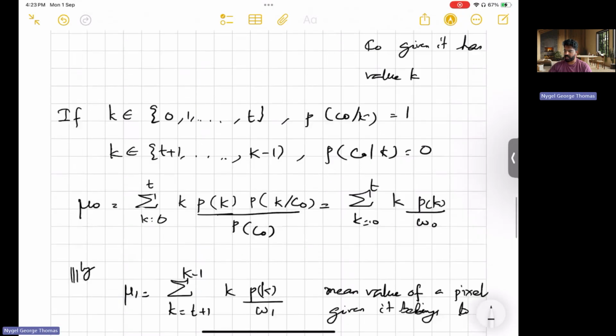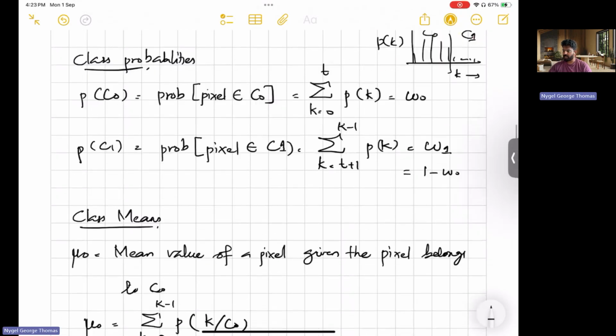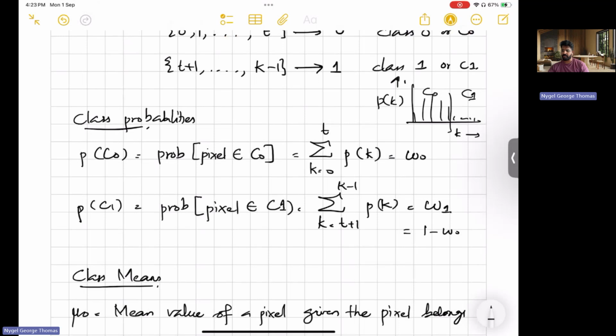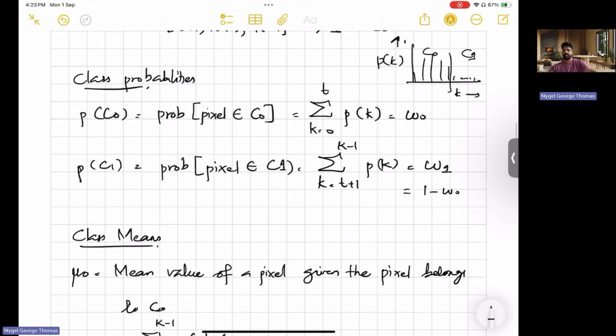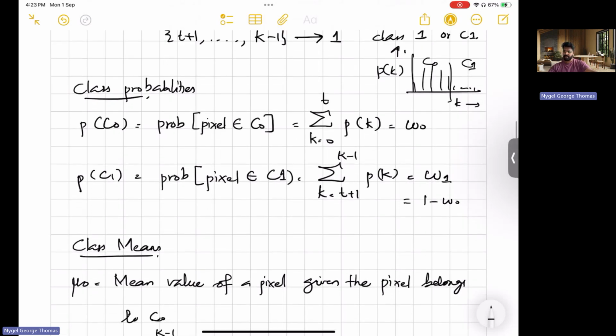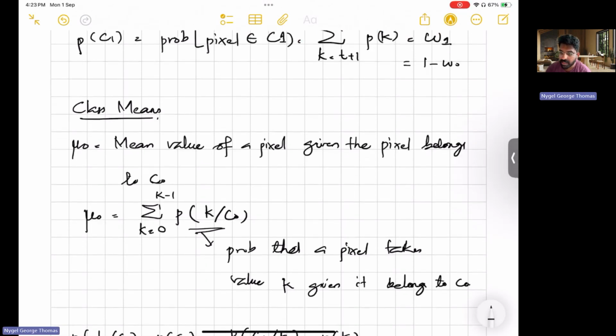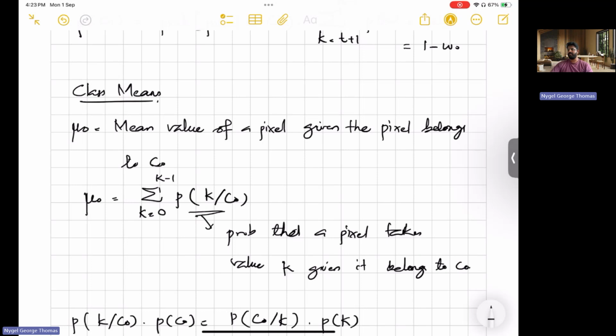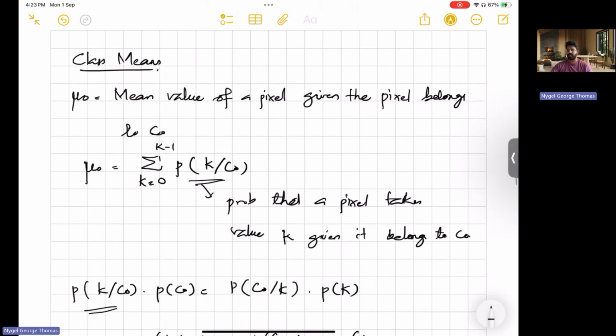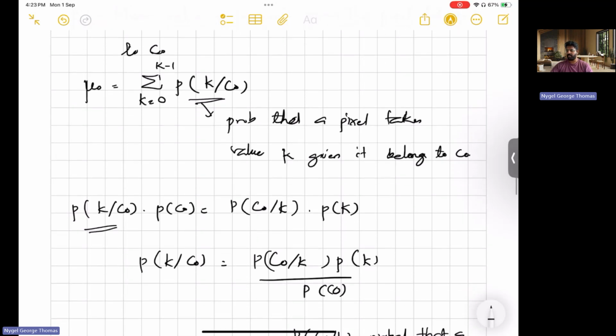We have omega naught. Okay, let's quickly recap. We have the class probabilities: probability of C0, the probability that a pixel belongs to class C0, is given by omega naught. Probability that a pixel belongs to class C1 is given by omega 1. We have the means, these are conditional means. The mean value for a pixel, given that the pixel belongs to C0, is given by mu naught.